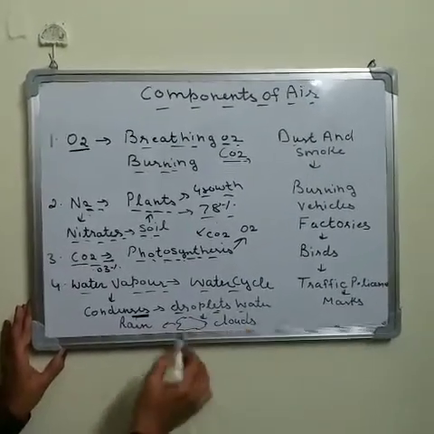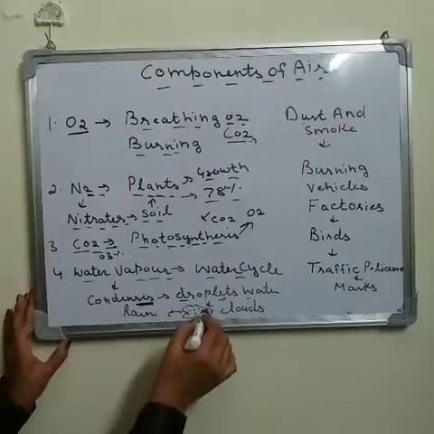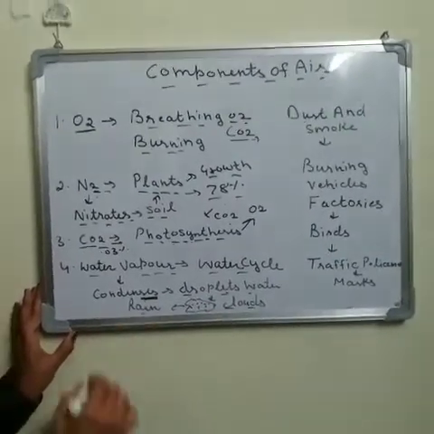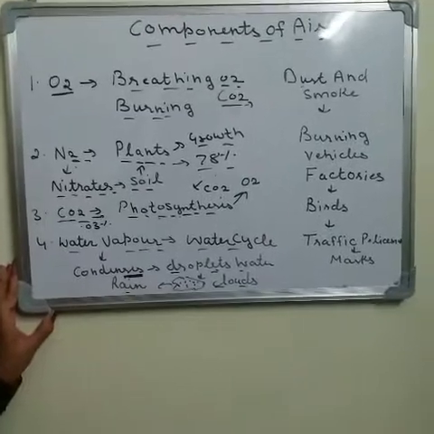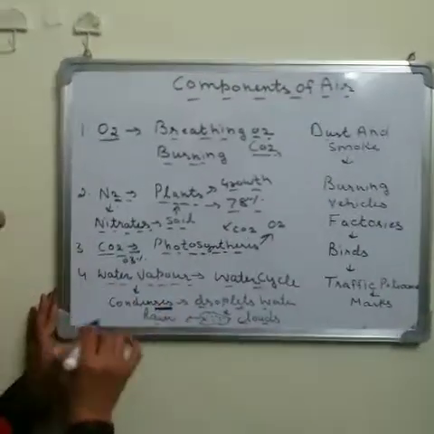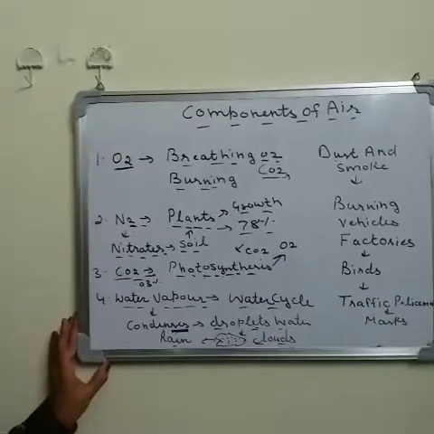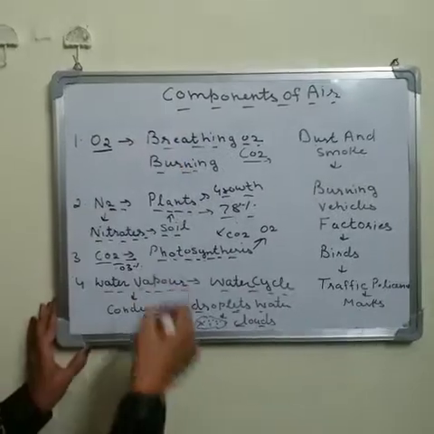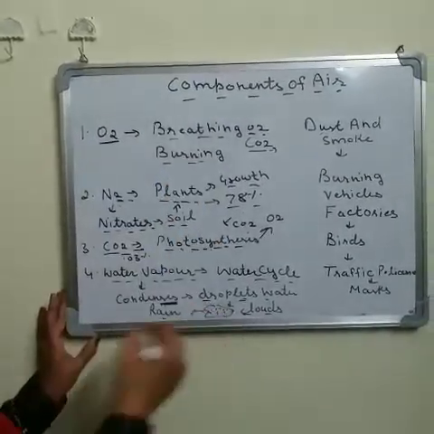These droplets combine together to form clouds. When these clouds become too heavy, the water comes down as rain, which is the purest form of water. So water vapor present in air plays an important role in the water cycle. These are the components of air.